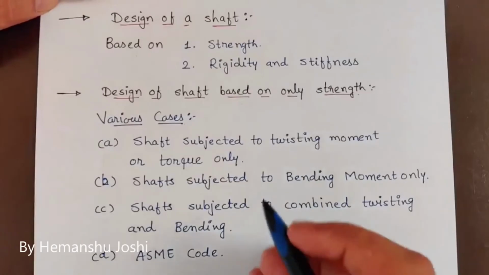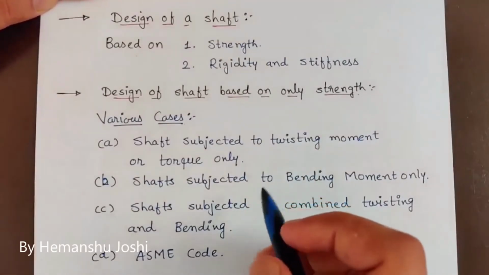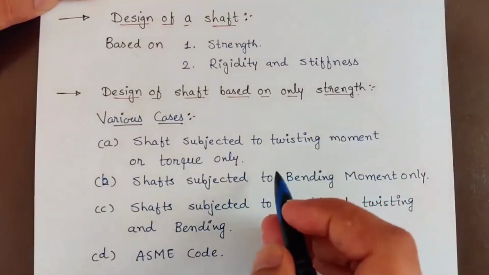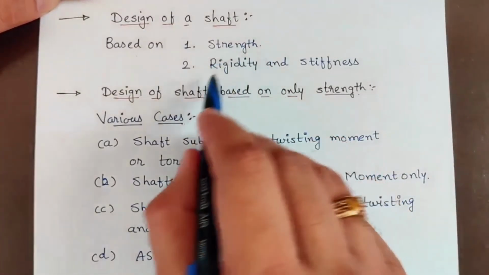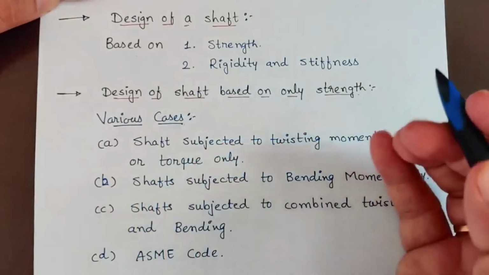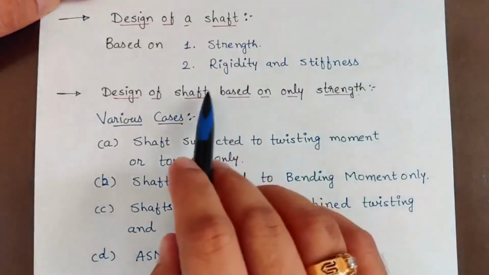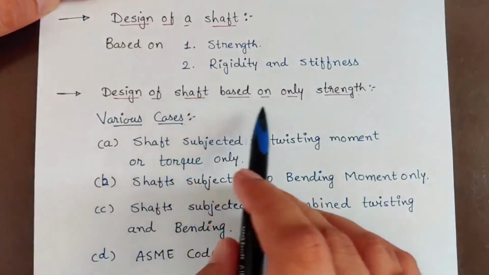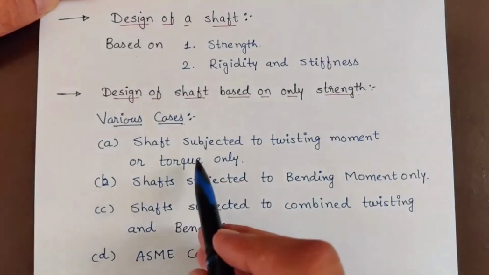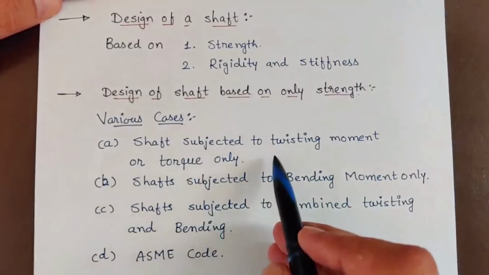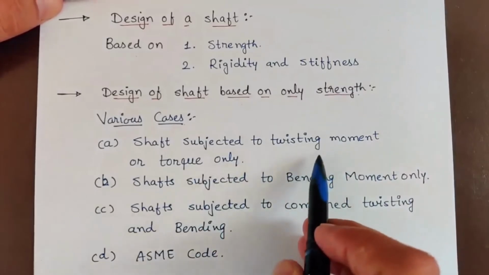After understanding the classification of shaft, our next topic is design of shaft. It is based on two things. First one is strength and second is rigidity and stiffness. If we consider the design of shaft based on strength, then there are total 4 cases. First case, when shaft is subjected to only twisting moment, that is torque.